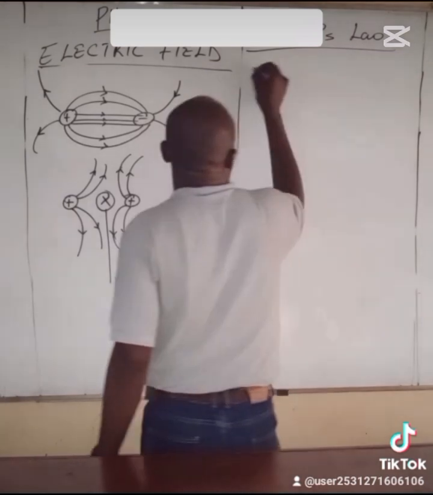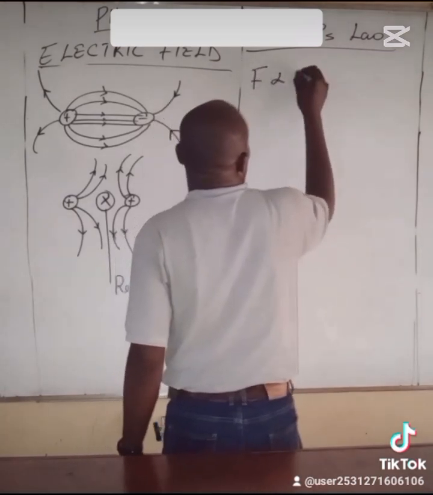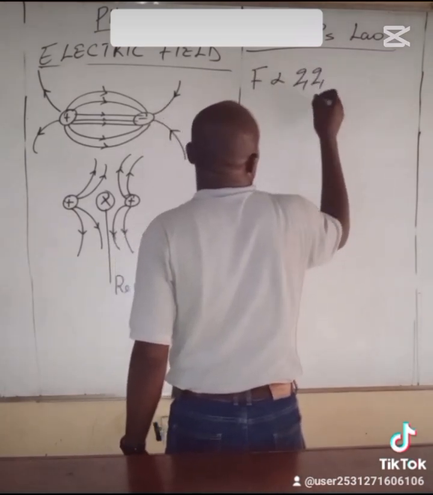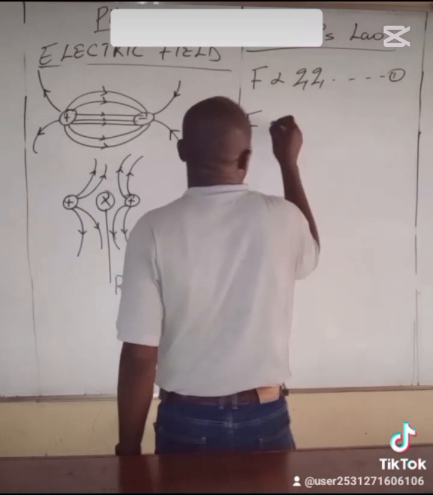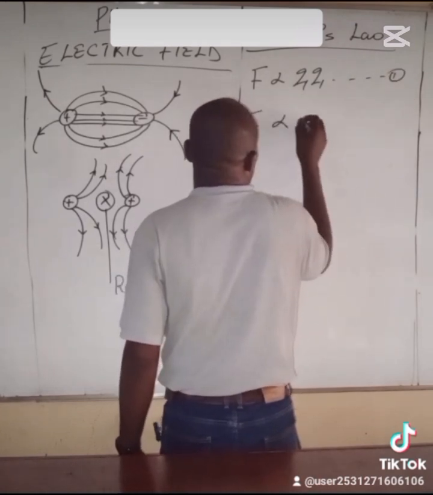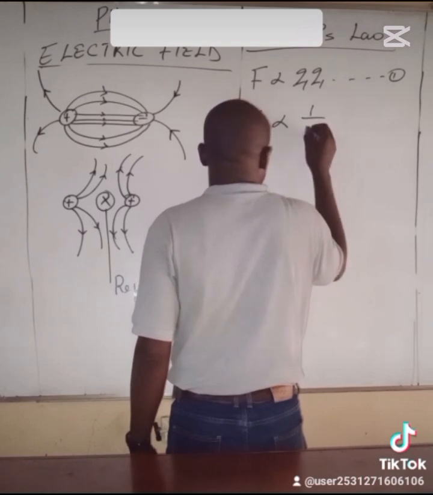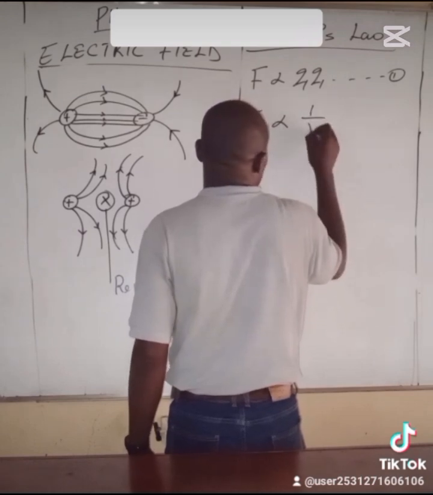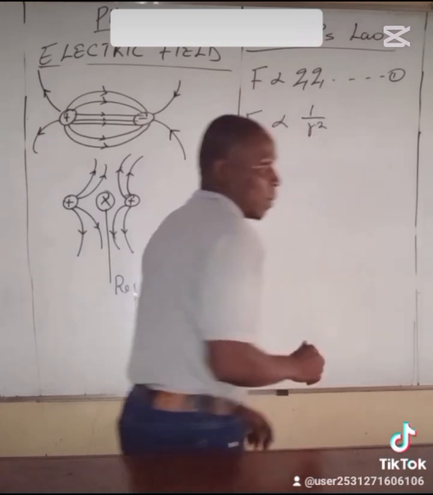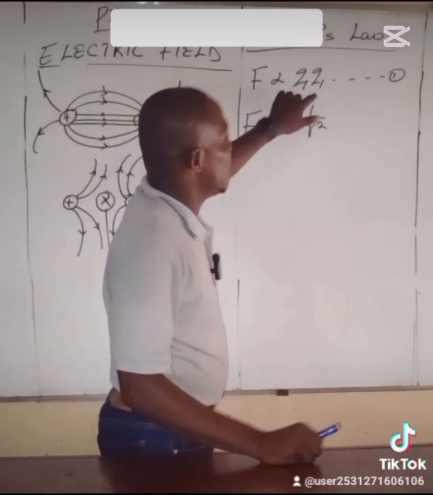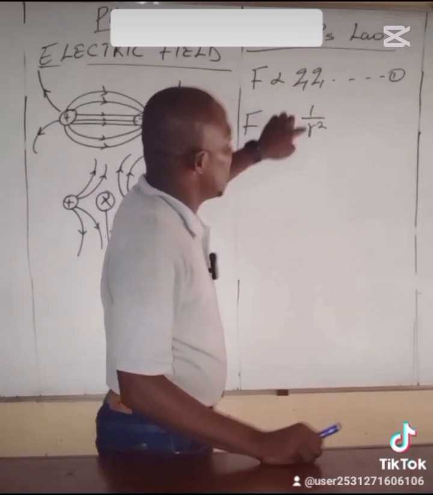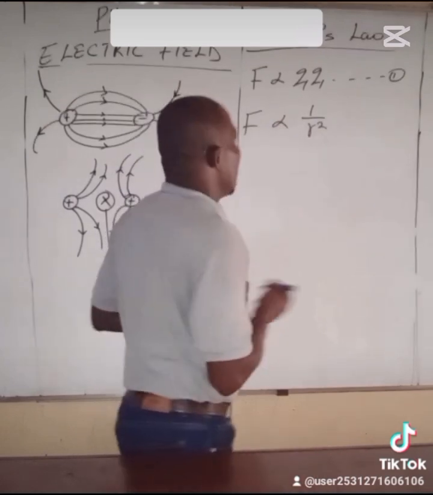Coulomb's law, he said that this force is directly proportional to the product of the charges Q1, Q2. I call that equation 1. And then that this same force is inversely proportional to the square of their distance of separation.